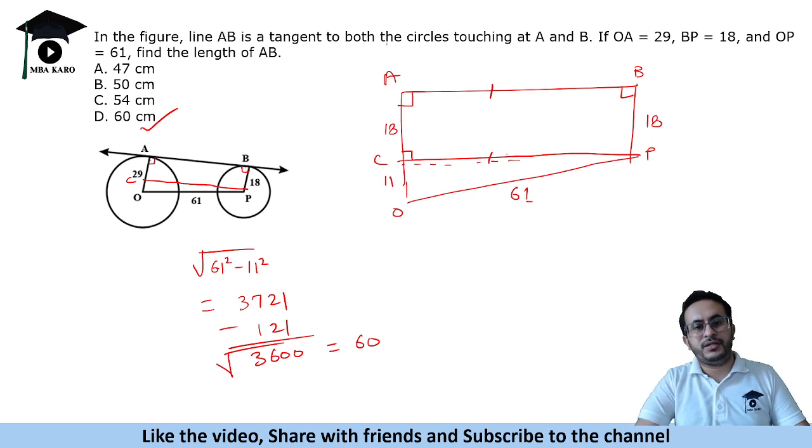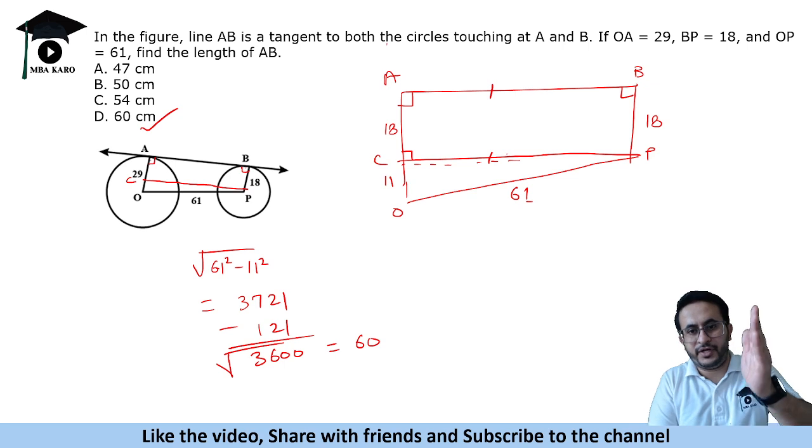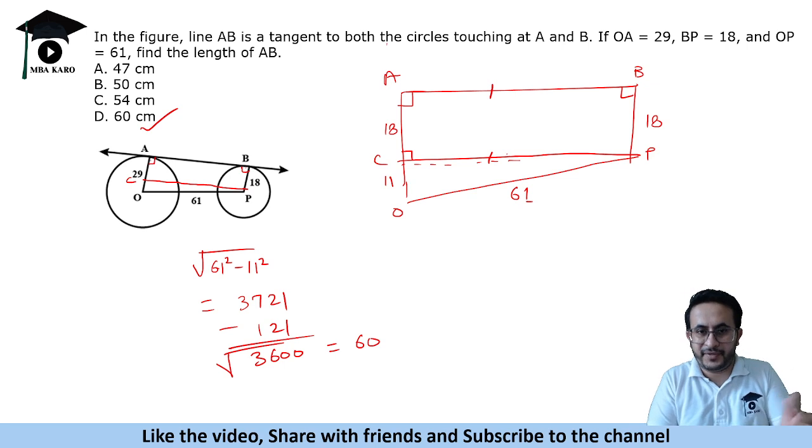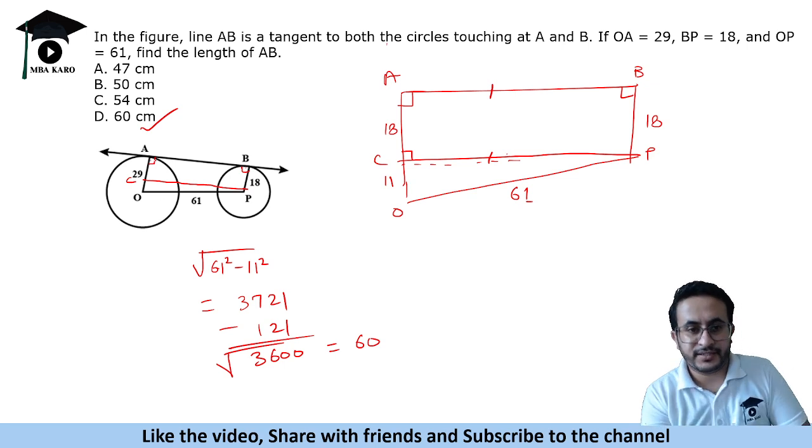A lot of theorems are indirectly tested. Here, the theorem tested is that the tangent is perpendicular to the radius at the point of contact. So we got two right angles, and now we converted it into a rectangle, found this side length, and hence solved for this side.